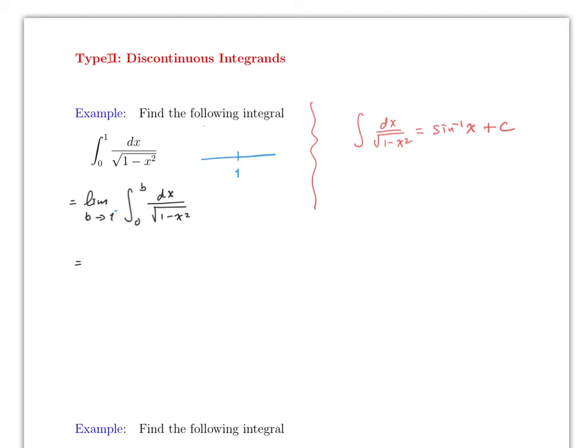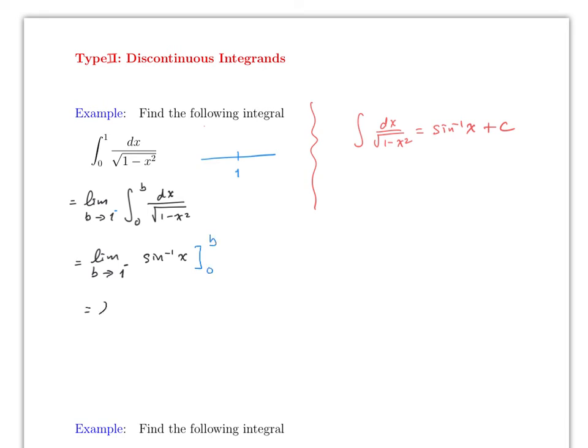We already know what the integral is. The integral is this. So this is equal to the limit as b goes to 1 from the left side of sine inverse x. Okay, then plug in the limits of integration, from 0 to b.